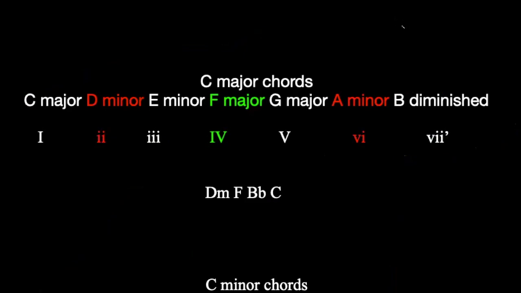Okay, that D, I don't know about that D diminished though. That D diminished is probably like, I don't know. How would I use that one? So we have like a C. I guess I would use that as a transition to get to the E flat major if I was to do that.